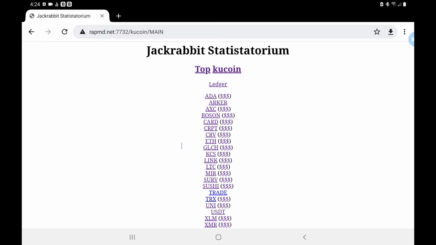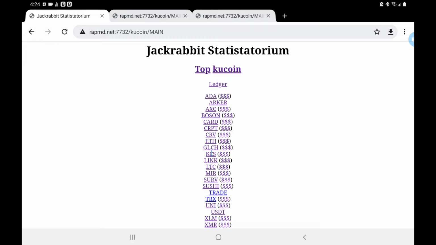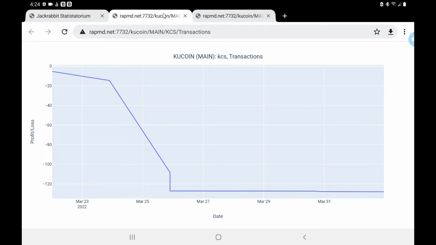Let's start with the big and first question. When you use a discount coin, KCS for KuCoin, FTT for FTX, or BNB for Binance, are you really getting a true discount? Or is it costing you more in the long run?